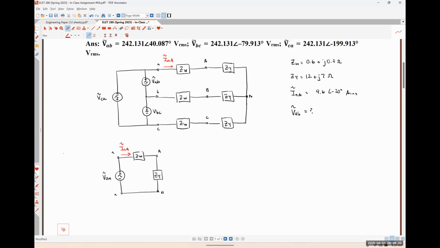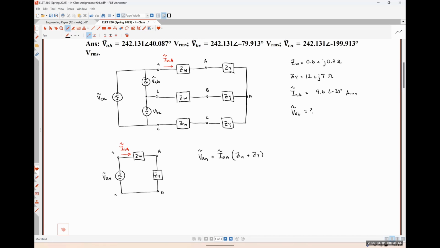So how would we solve for that voltage VAN? Add the two together and multiply by the current. Yeah, so just Ohm's law, essentially. Absolutely right. So we could say that VAN is just going to be our line current IaA times an impedance of ZW plus ZY.